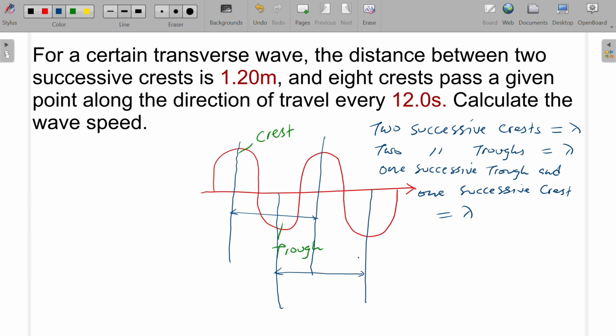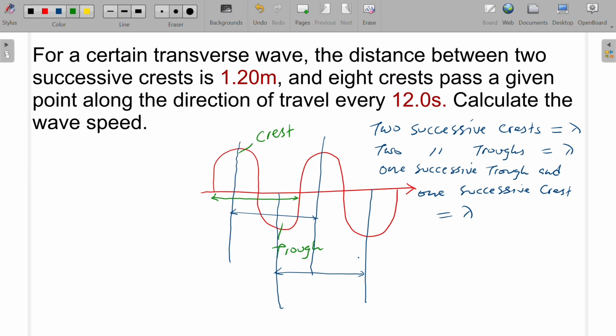And the distance from this point to that point is also wavelength. So you can see these are basically distances between two successive crests, two successive troughs, and one successive trough and one successive crest. We are given those as wavelength.